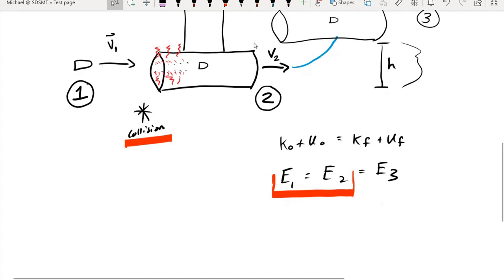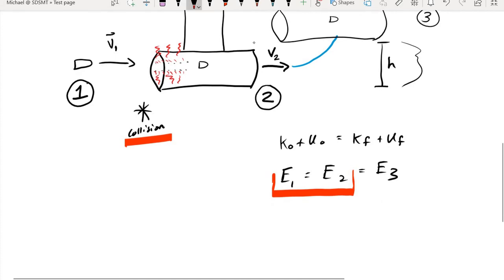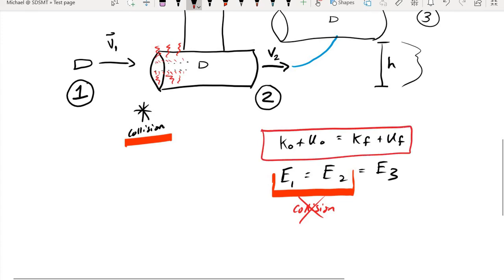And so trying to use this approach for a collision is not a good idea, because there's a lot of thermal energy that's going to be lost. And this equation right here does not take into account thermal energy. I would have to add it in, and I'm not prepared to do that right now.